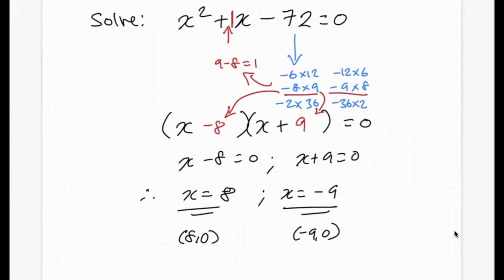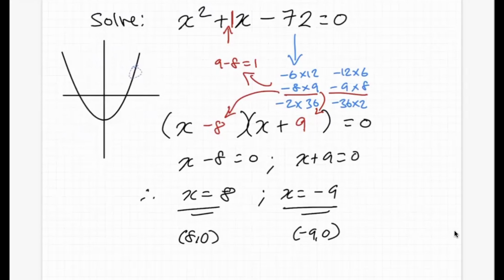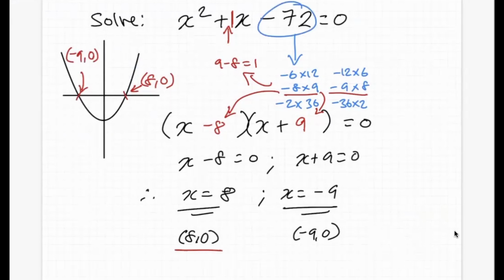So if we had to draw it, it would look something like that, where this point would probably be 8, 0, the positive, and this point would be minus 9, 0, the negative. And of course, our y-intercept will be this point here, which will be 0, minus 72.